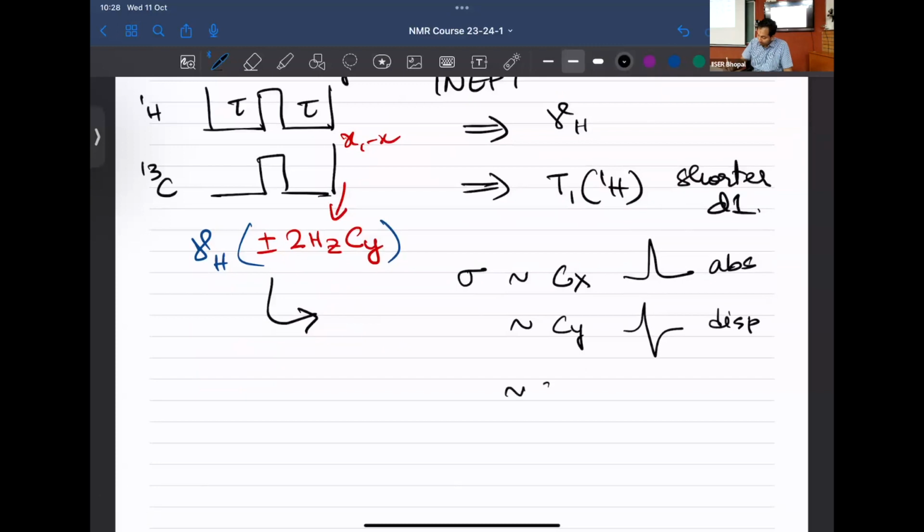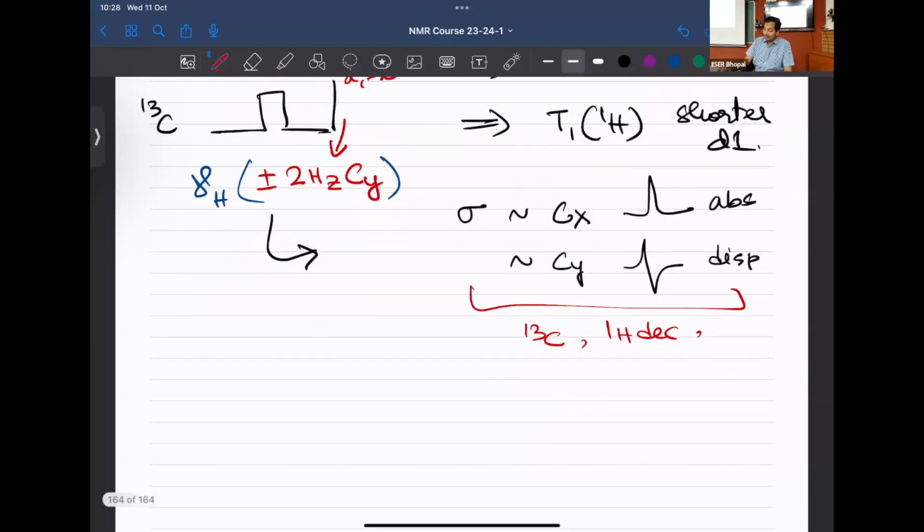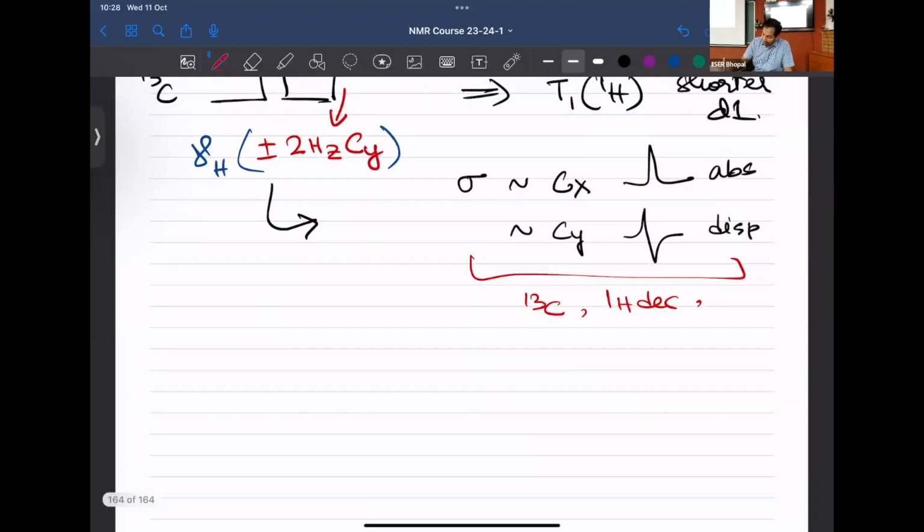And let's say it's of the form 2CXHZ, then actually, let me redo this. This is for carbon decoupled, 13C, 1H decoupled.